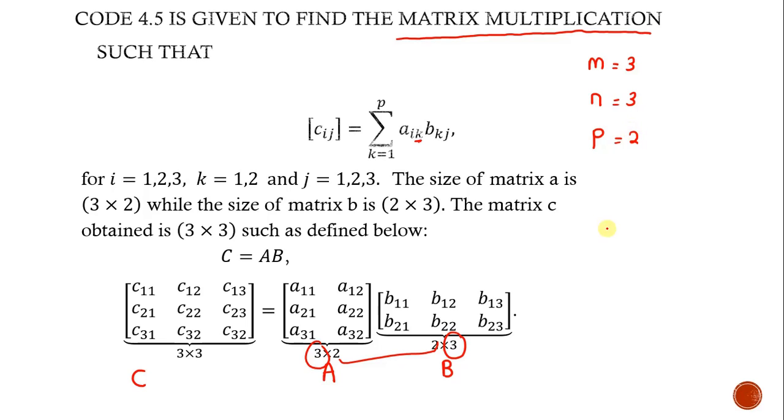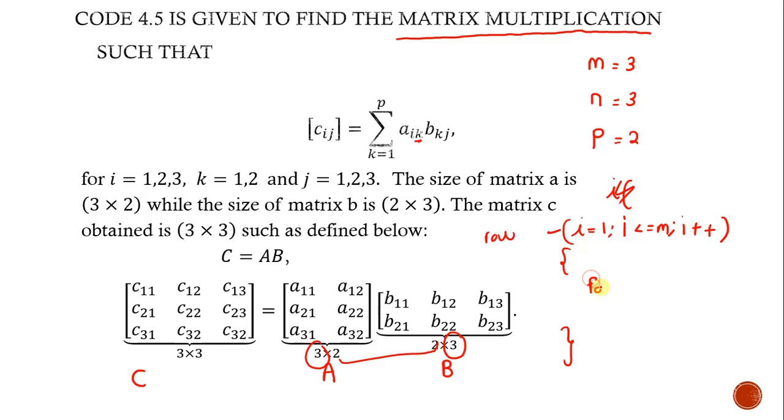So you will have the outer loop for I, where I starts from, let me just write it, I from 1, I less than or equal to m, and I plus plus. Okay, this is for the row, and then you will have an inner loop here for my column.